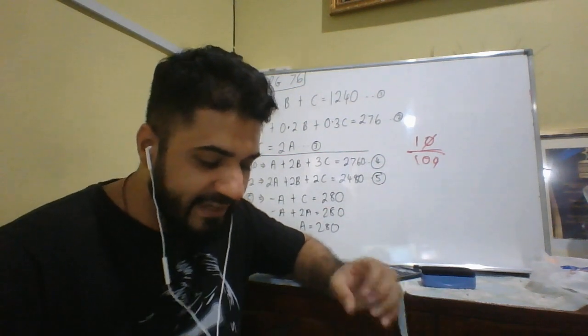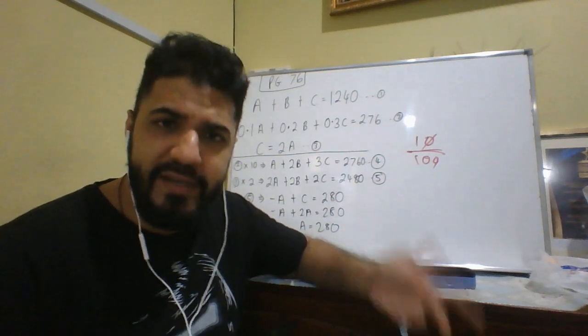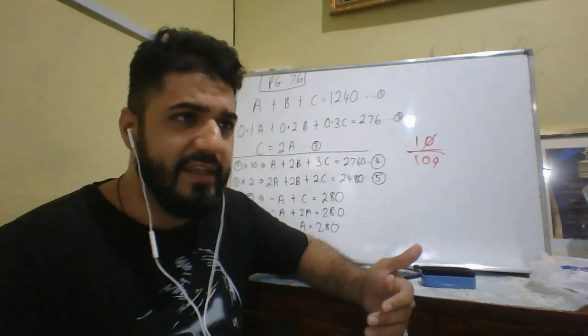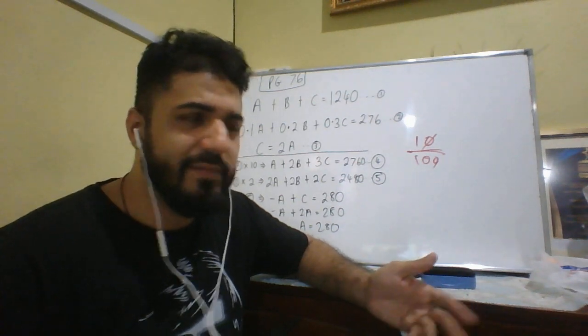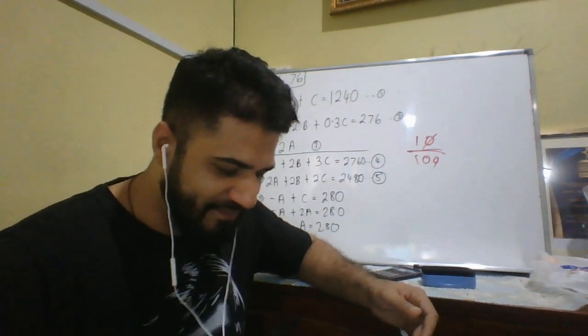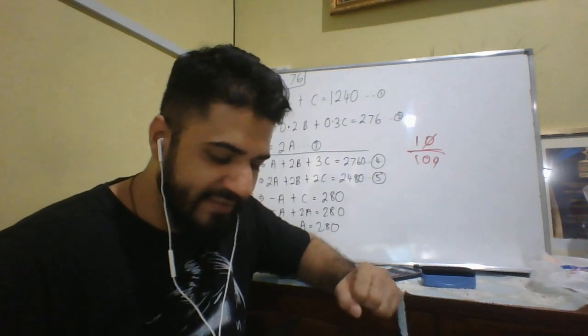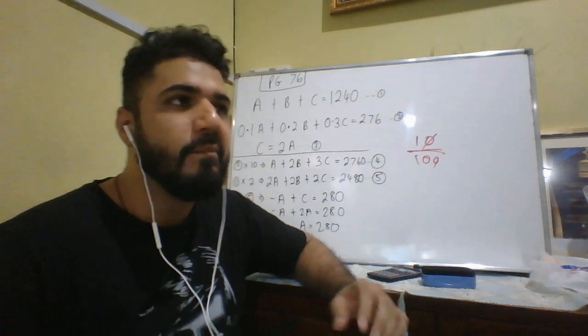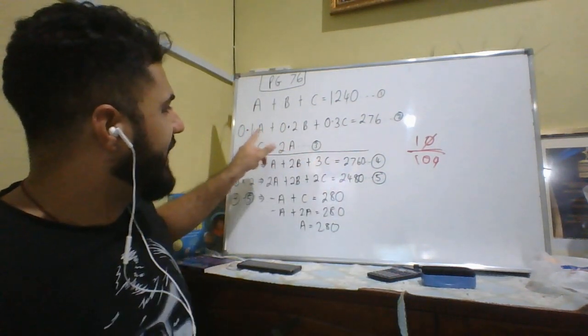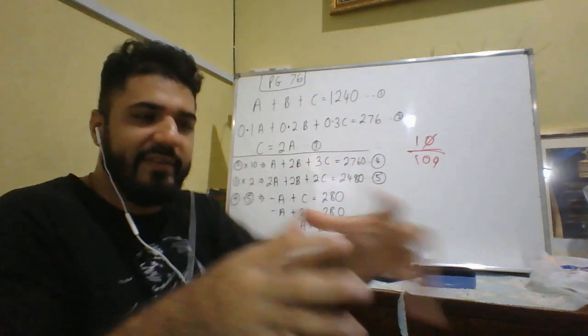All this, he needs to pay maintenance charges. Okay, sometimes you have a condominium, you have to maintain the condominium. Whether it's the swimming pool, whether it's the gym, whether it's the place, you know, even PTC we have maintenance, you know, it's important. So the total daily saving is 276. That means when he takes 0.1 of A, 0.2 of B and 0.3 of C, he will make 276 ringgit.